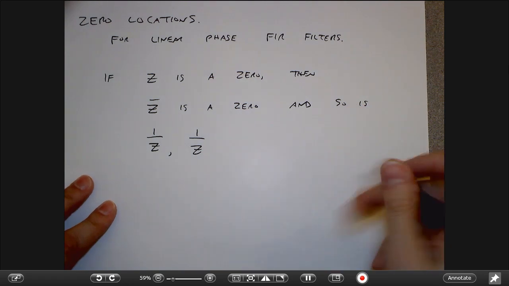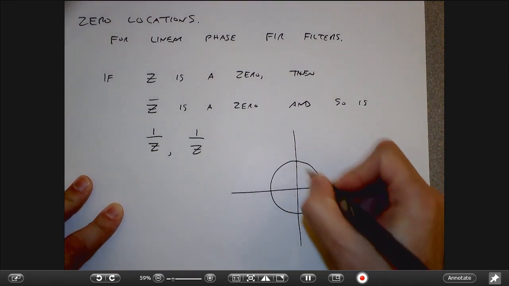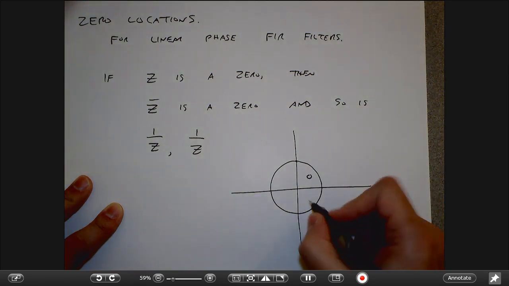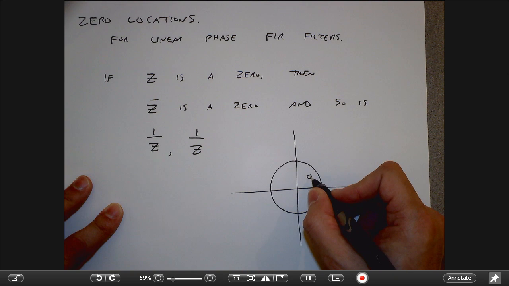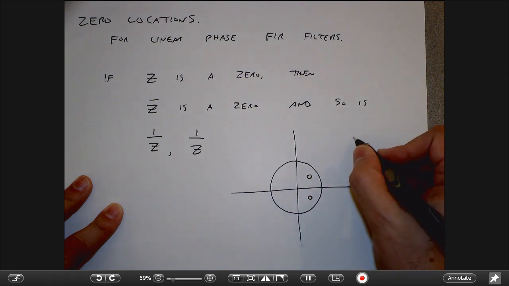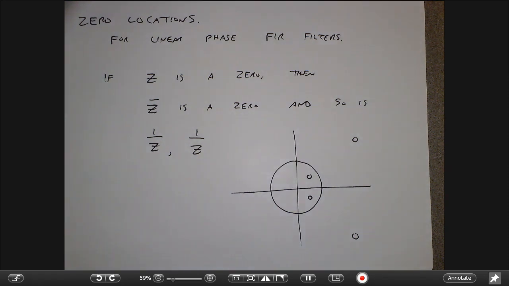So for example, that's like saying that if this is my unit circle, if this is a zero of my filter, then so is this. 1 over z is like reflecting this point through the unit circle, and then you get something like so is this, and so is this, right? So the zeros come in groups of 4.